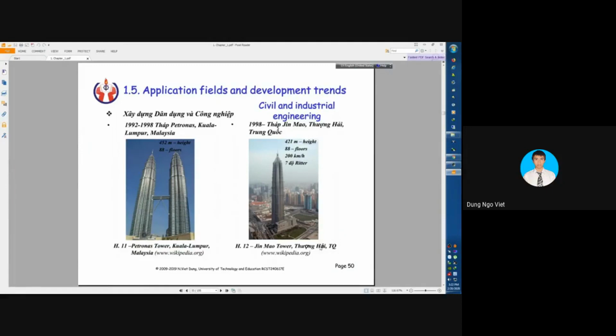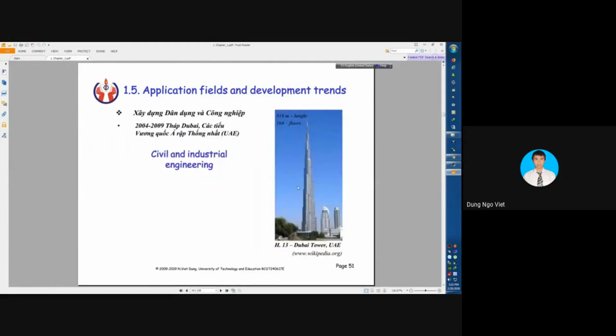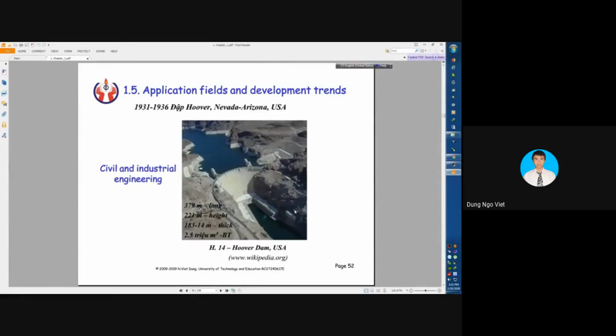And here's another high-rise building in Shanghai, China. And even the Dubai Tower also has some parts of structure that's built from the reinforced concrete structure. And this is the Hoover Dam in the United States.